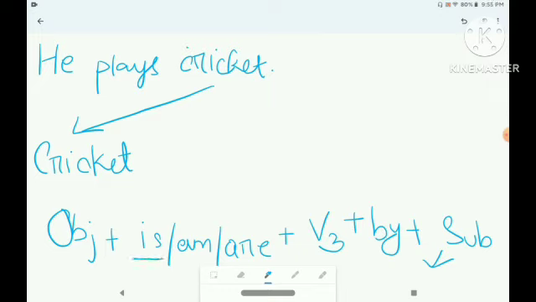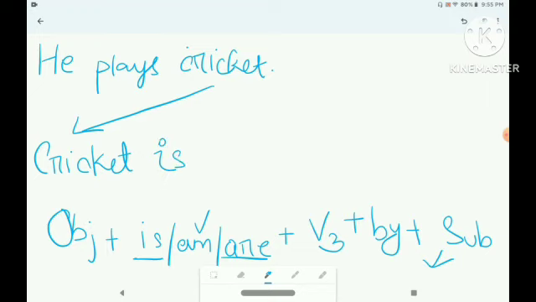If the subject is I, then we have to use am. If the subject is plural, then we have to use are. Understood? Next, here is cricket singular or plural? Tell. Yes, cricket is singular, so we will use is.